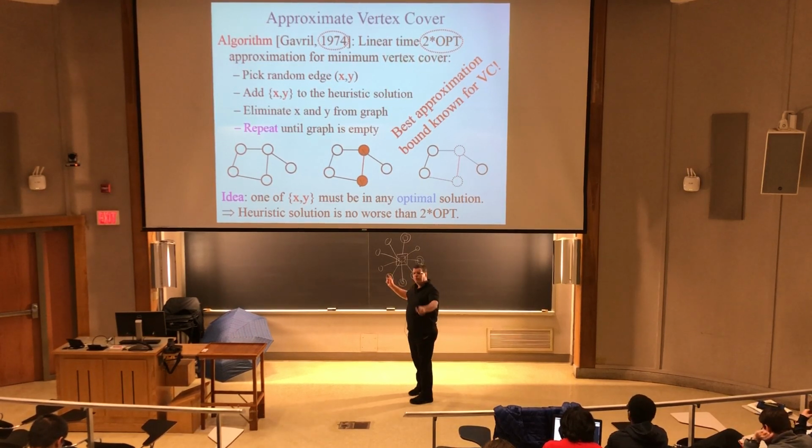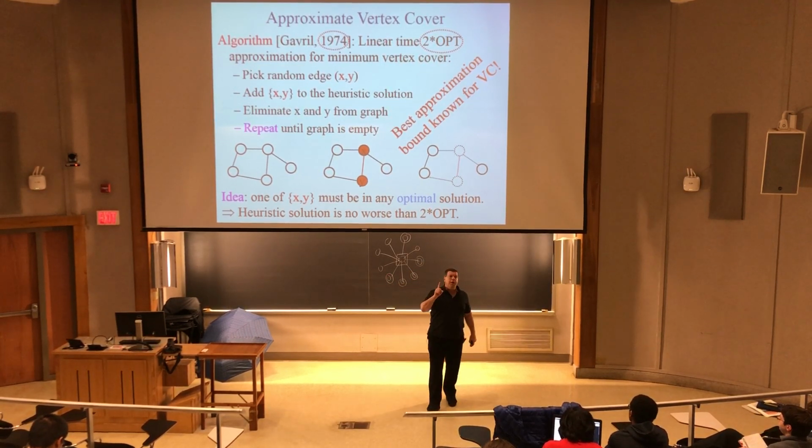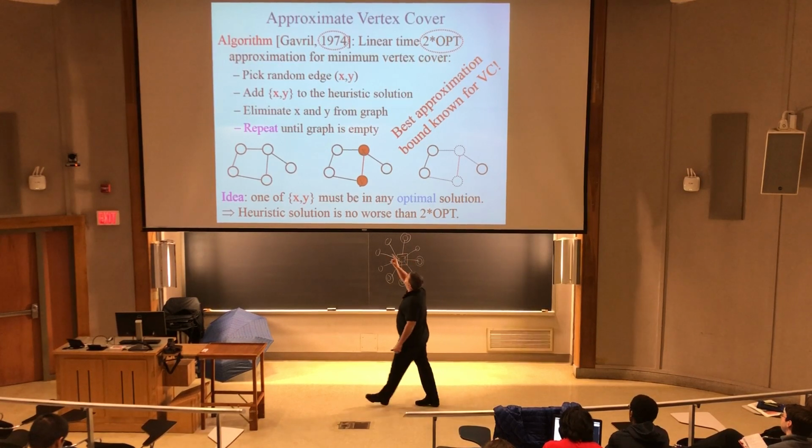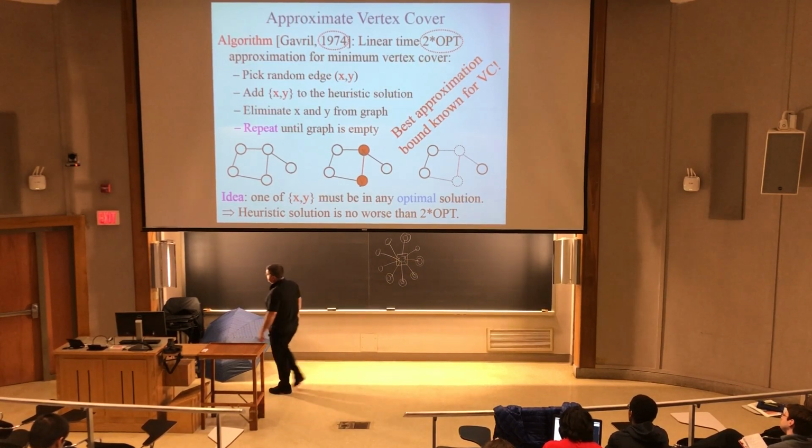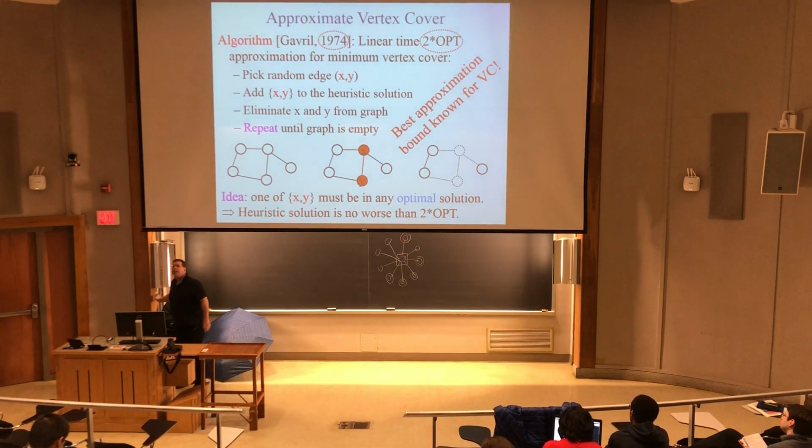Now, before we talked about picking the highest degree node, and in this example, if you pick the highest degree node, that will work okay. But there are other examples where picking the highest degree node will fail miserably also. So it's important here to pick an edge, not a node.